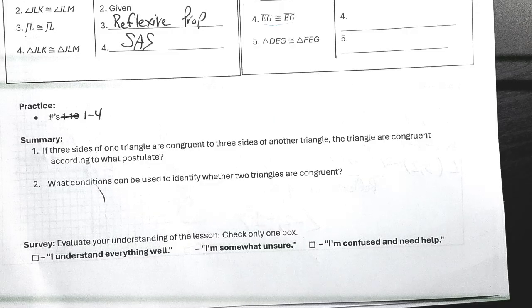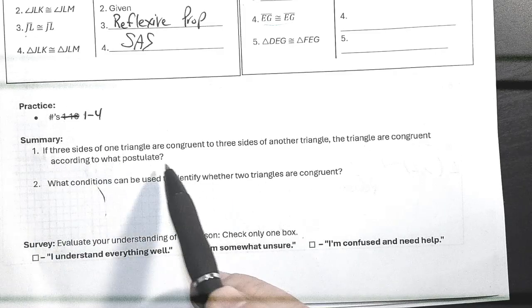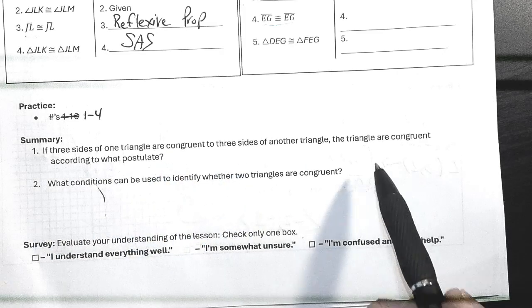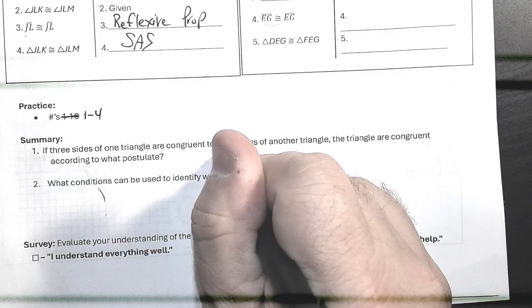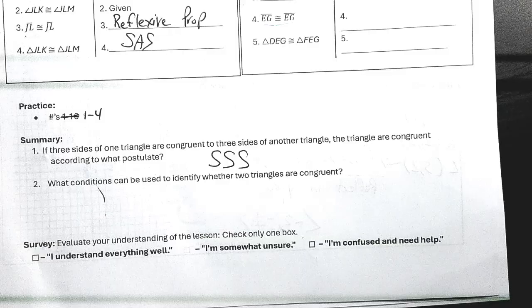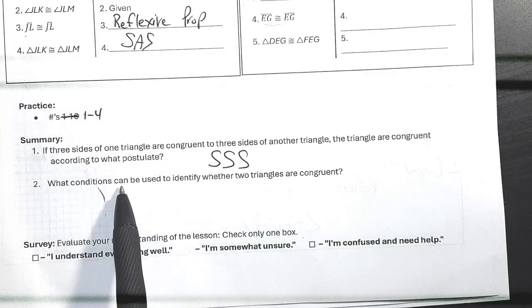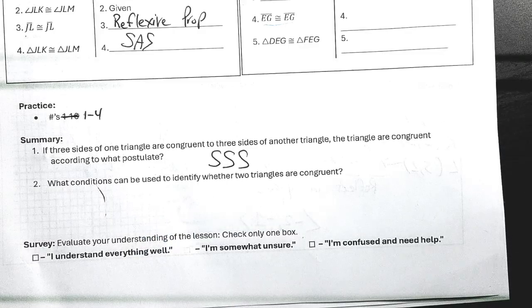All right, so in summary, should be super easy. If 3 sides of one triangle are congruent to 3 sides of another, they're congruent according to what postulate? 3 sides is like that, right? Side, side, side, or SSS. This one, what conditions can be used to identify whether 2 triangles are congruent?